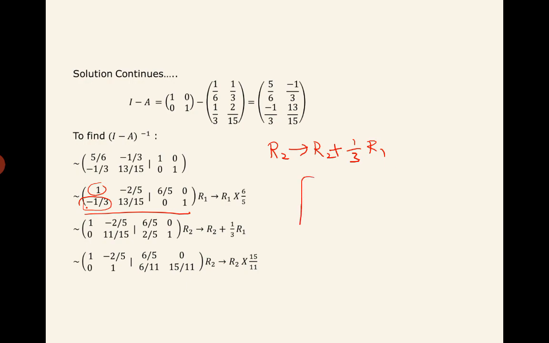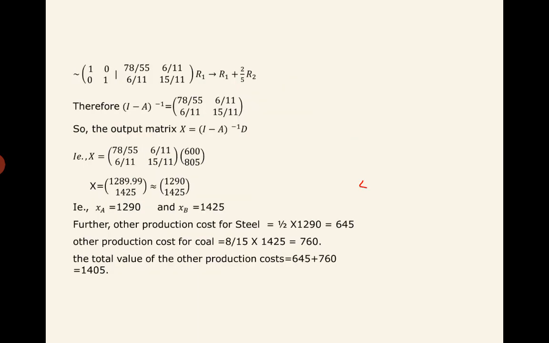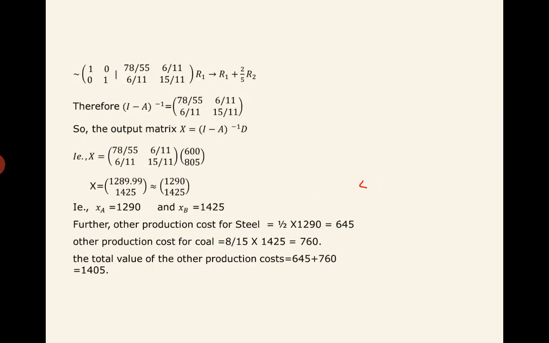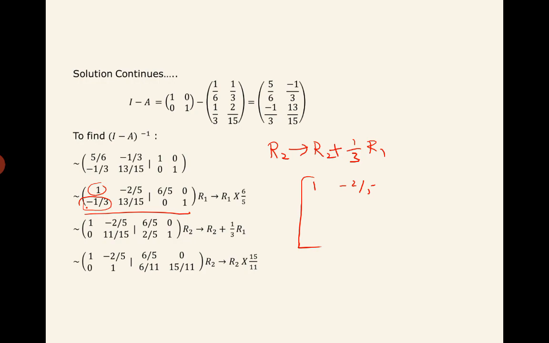So no change in the first row: 1, negative 2 over 5, 6 over 5, 0. Second row changes. The first element should be 0. That is our purpose.